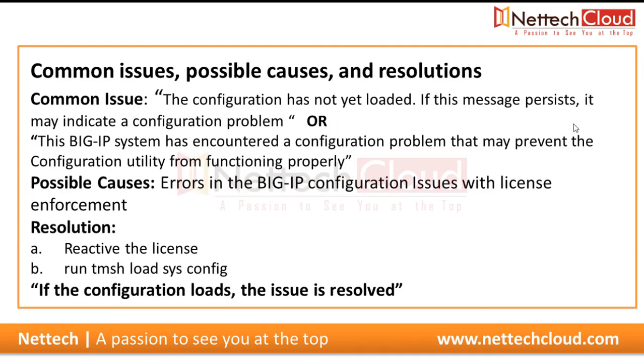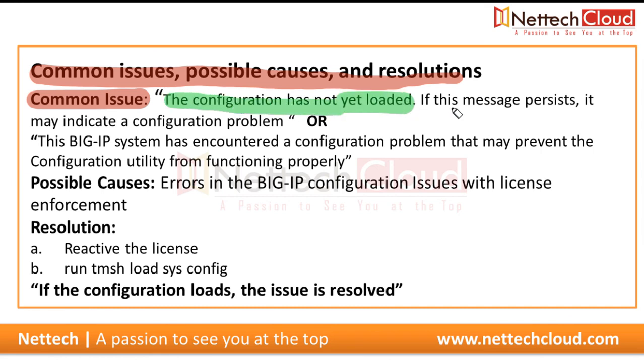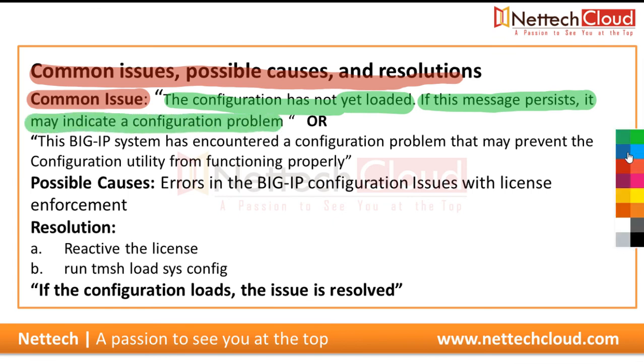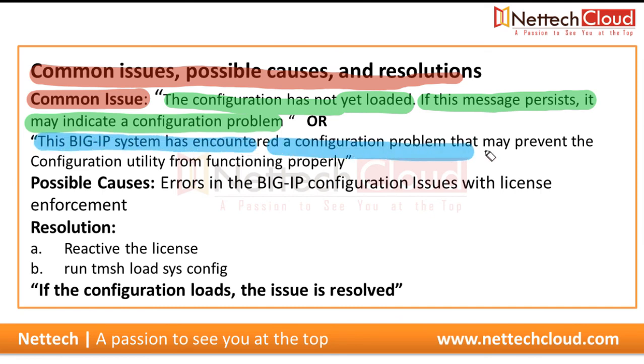And finally, before I jump to the lab: common issues, possible causes, and resolution. The common issue here is the message that the configuration has not yet loaded, and if this message persists, it may indicate a configuration problem. Or the error message: the BIG-IP system has encountered a configuration problem that may prevent the configuration utility from functioning properly.